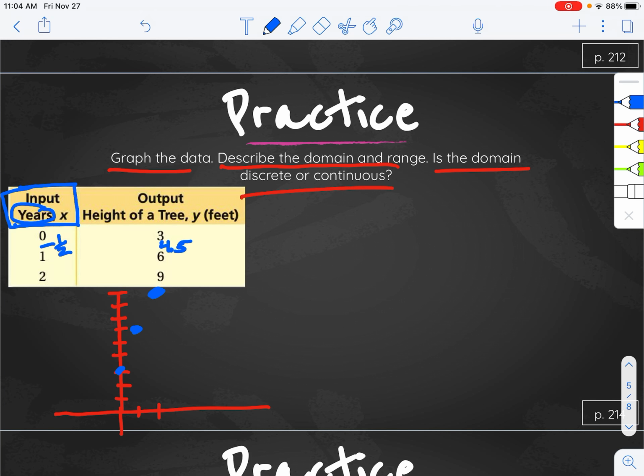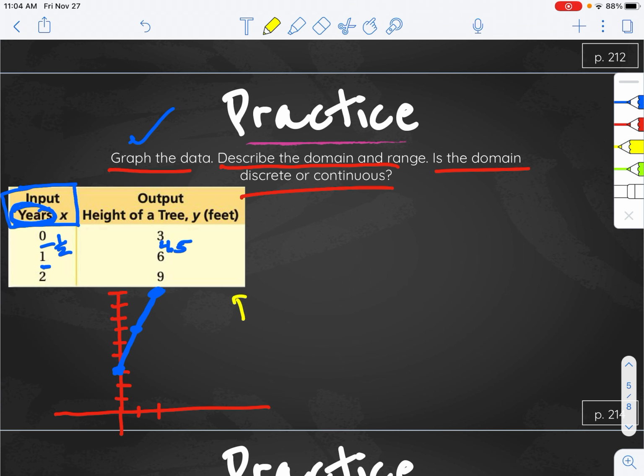Maybe it would be at 4.5. They could add that extra data point in there. They could break it up in a lot of ways. So we would connect these dots, because we look at our domain, or our x value, and it represents years, and we know that we can split up years. So we're going to connect those points for our graph. So we graphed the data.